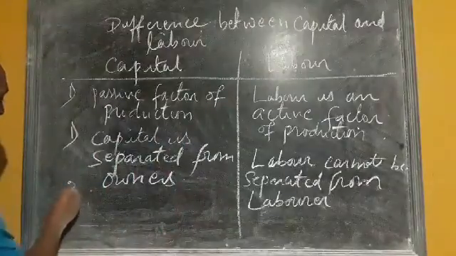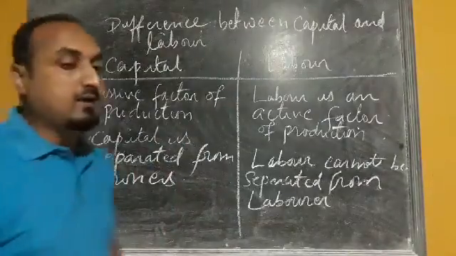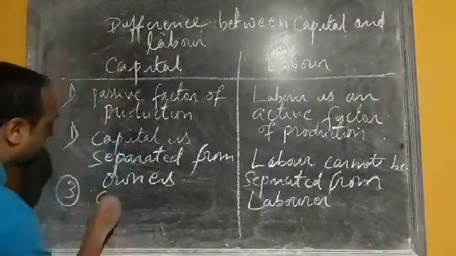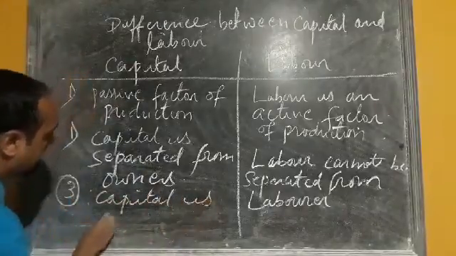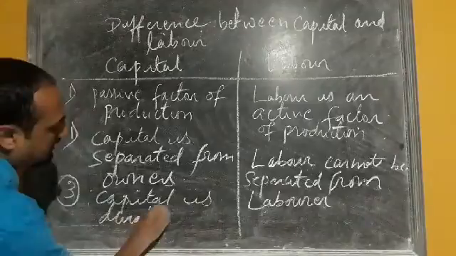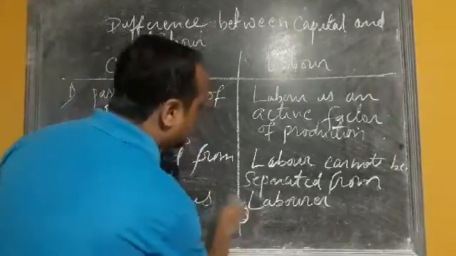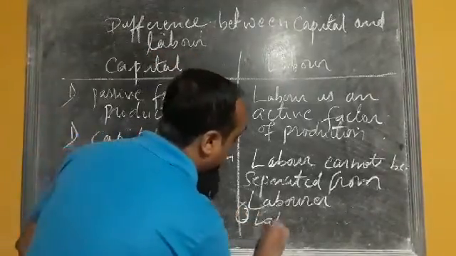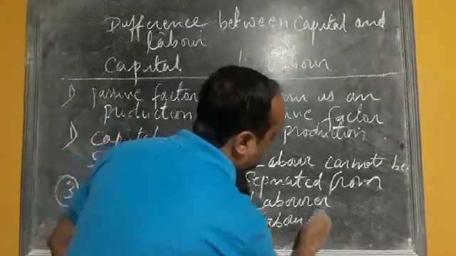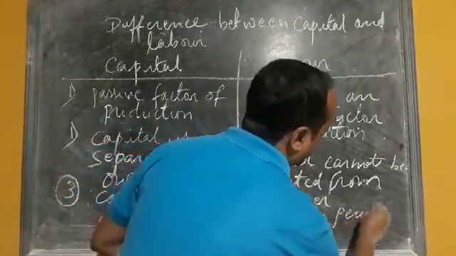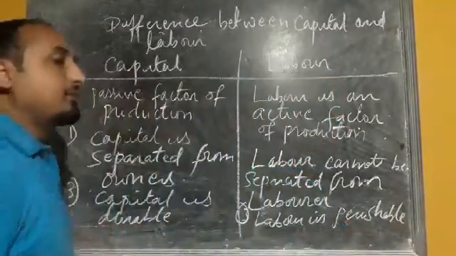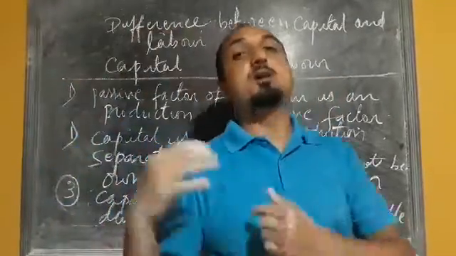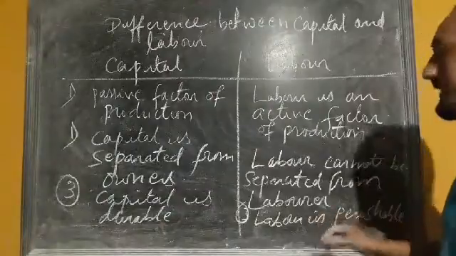Now number 3, capital is durable, and labor is perishable. Durable means that it can be used for a longer time period, whereas labor is perishable.